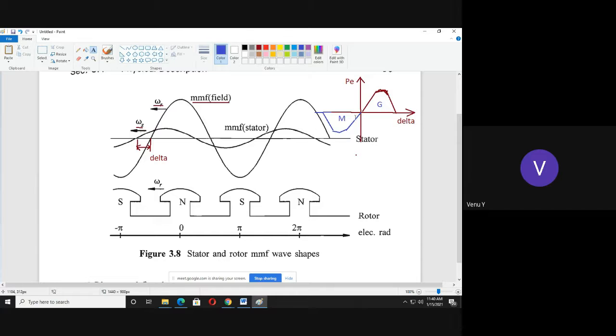Whereas in the motor it is reverse, the stator field is lagging behind the rotor field. So then delta is negative. With respect to stator, you can measure the angle. It is negative.